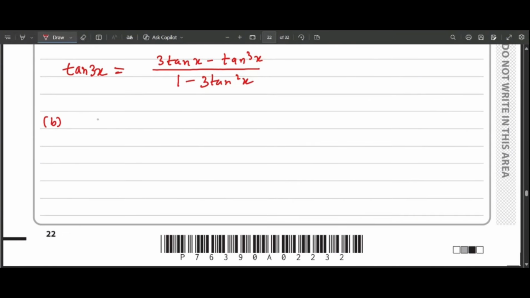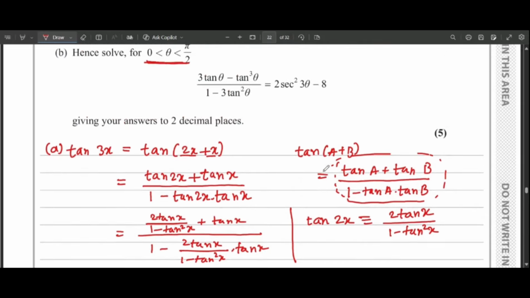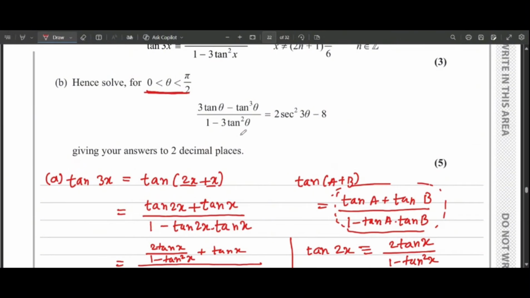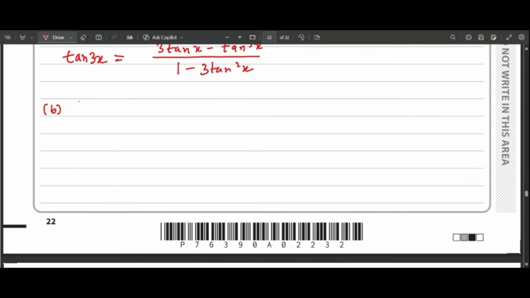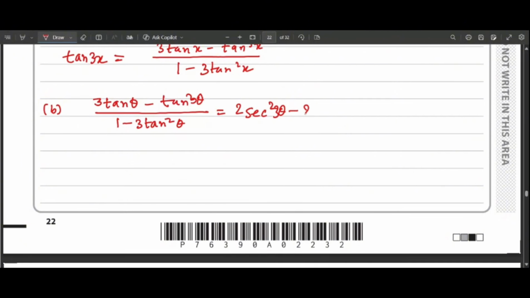For this, we need to simplify our expression before we calculate theta. So we will copy out the equation: (3 tan theta minus tan cube theta) divided by (1 minus 3 tan square theta), sec square 3 theta, is equal to 2 sec square 3 theta minus 8.